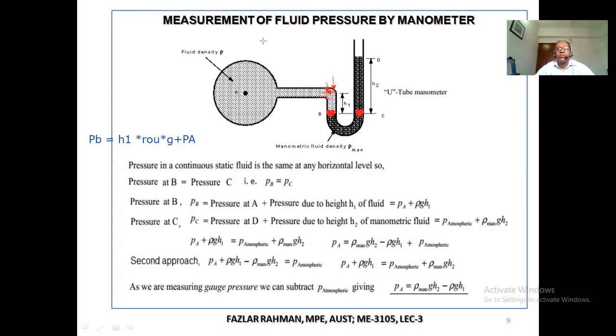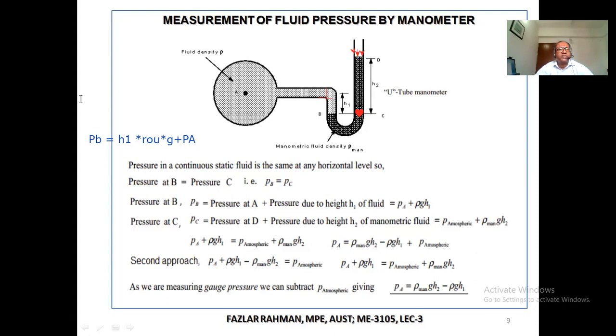Okay. Now we will measure the pressure at point C. When you measure the pressure at point C, I will not look to the left side. I always look to the right side. Okay. So you see, what is the height of the column of fluid? H2, right? But atmospheric pressure is working right over here.